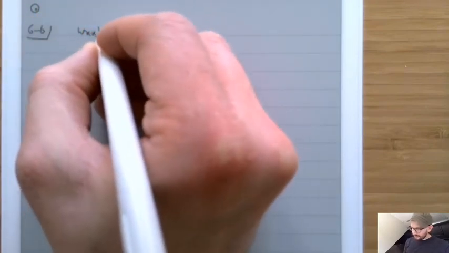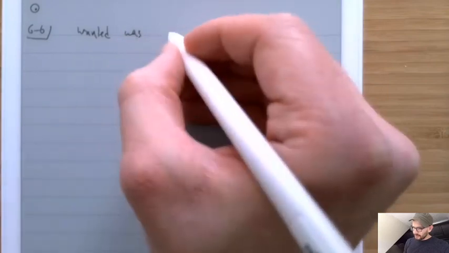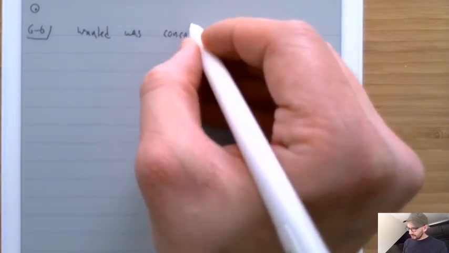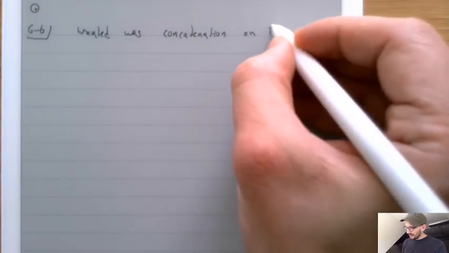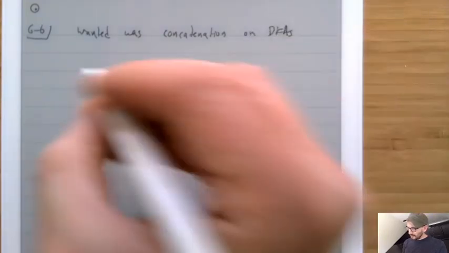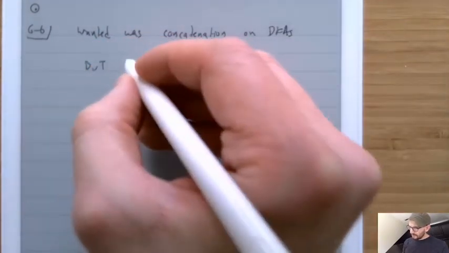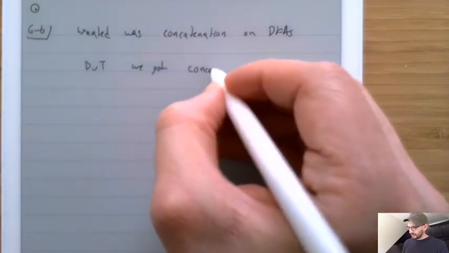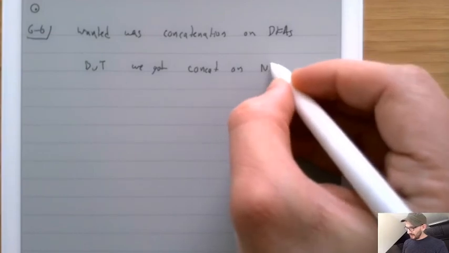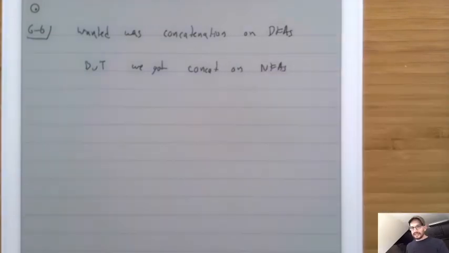And that subtle problem is that what we wanted was concatenation on DFAs, but we got concatenation on NFAs. And clearly NFAs and DFAs are different, right?